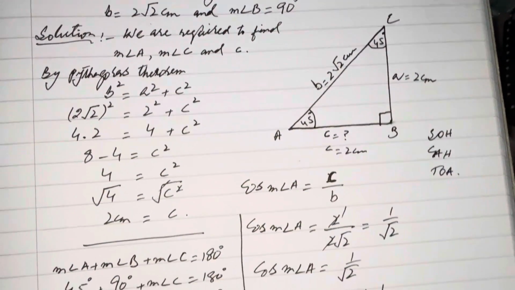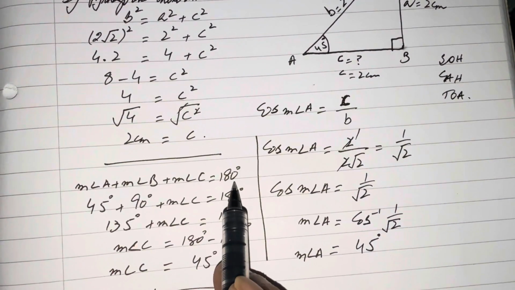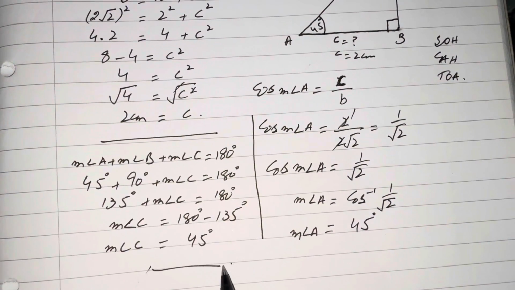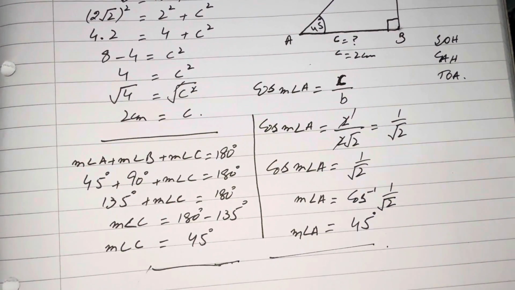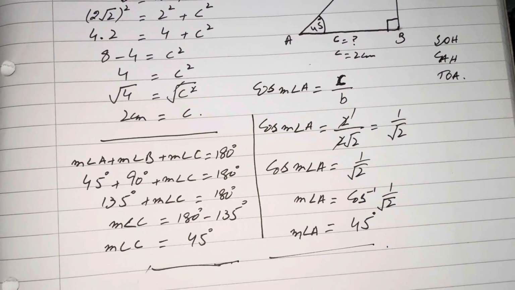I have explained this by taking the sum of three angles is equal to 180 degrees. So that's how we can find the angles of the given right angle triangle and the side length of the sides of a right angle triangle.